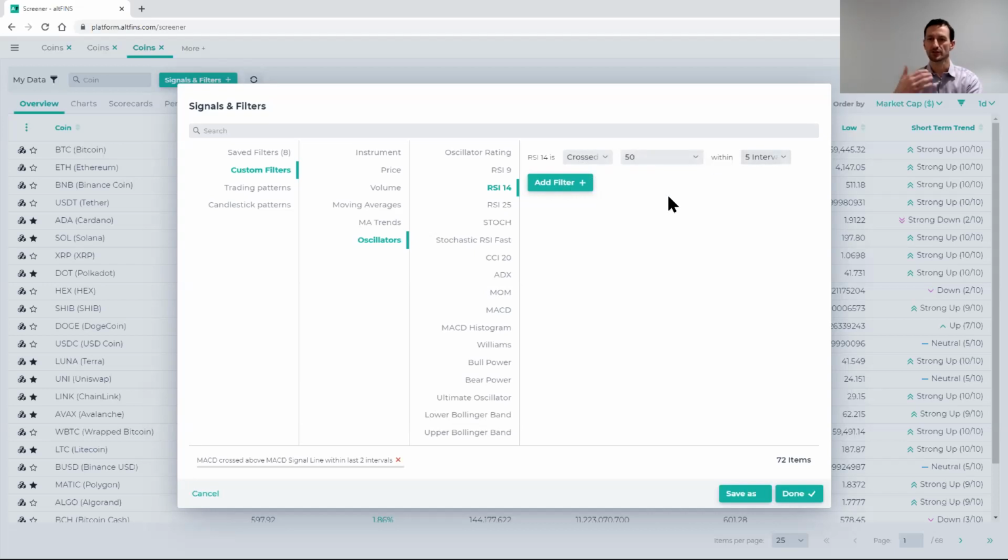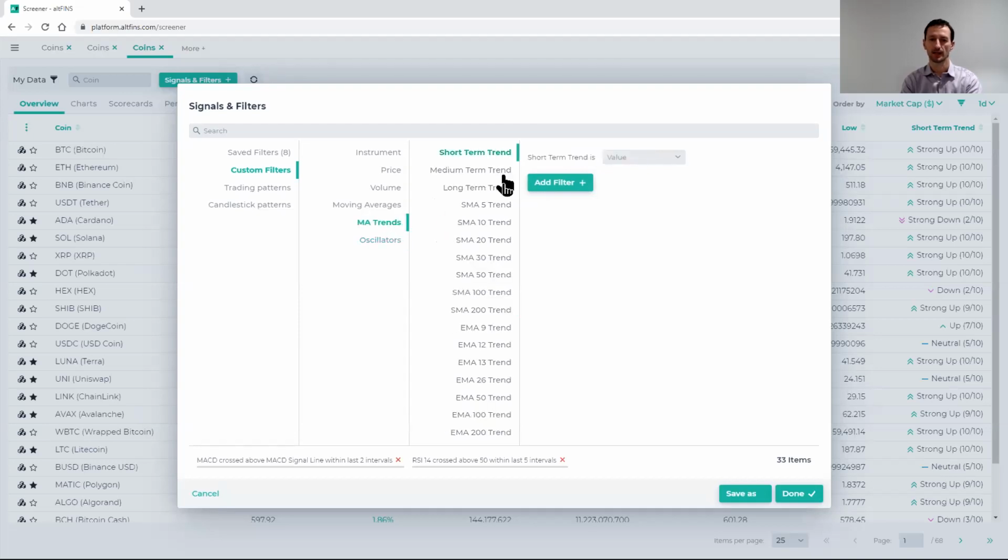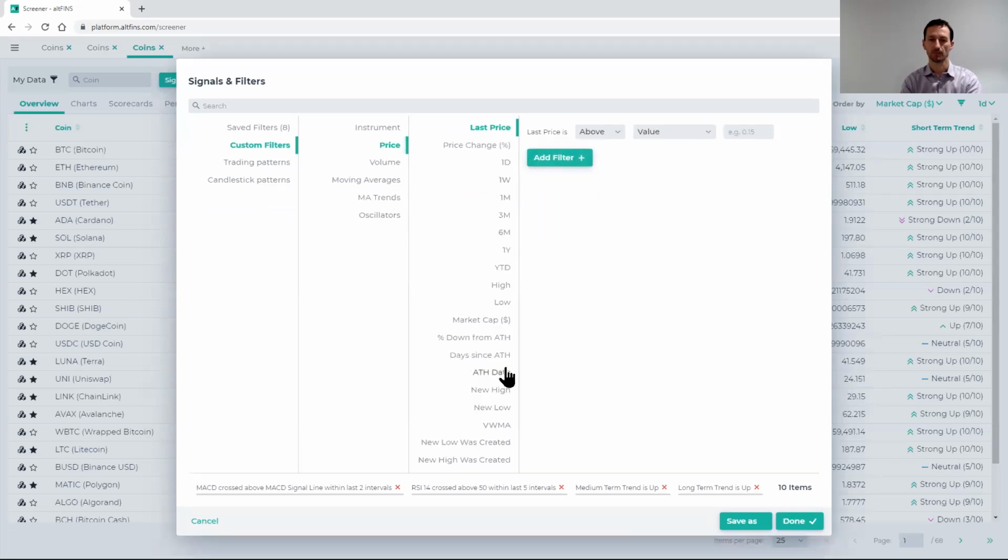If it preceded the MACD crossover or happened shortly after, either way is a good confirmation of the MACD bullish crossover. So I'm going to add that. Now we're down to 33. And again, standard, if you're going to buy it, you want to make sure that it's in an uptrend, at least on the medium and the long-term basis. So we add those two filters as well as my market cap minimum of 5 million.